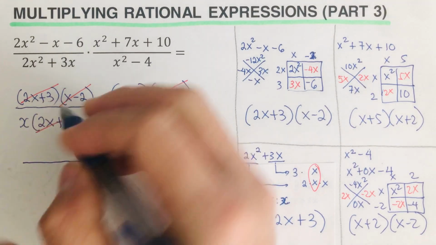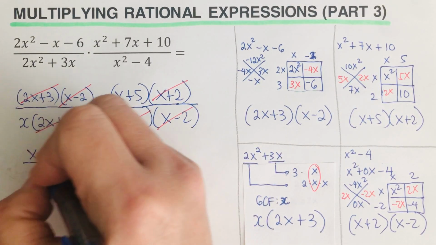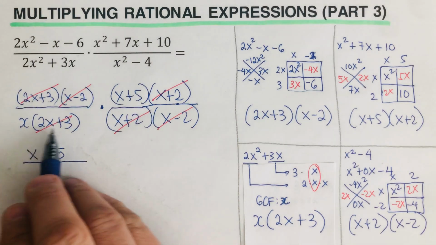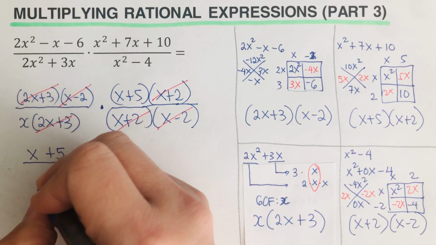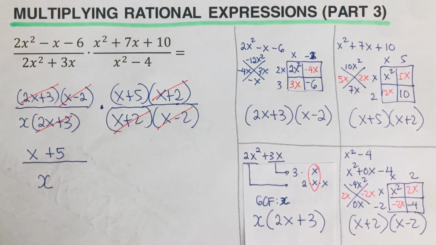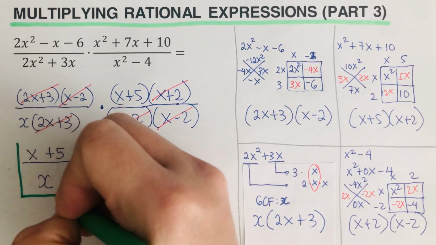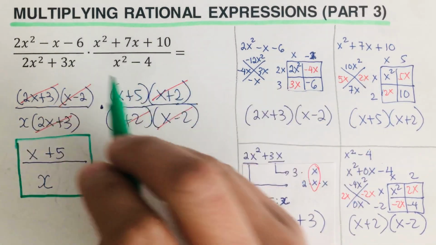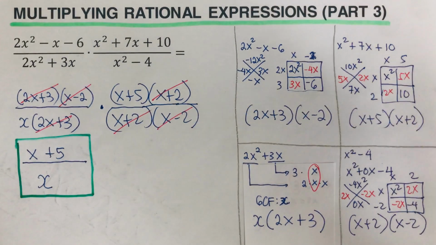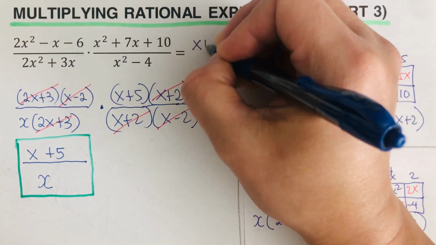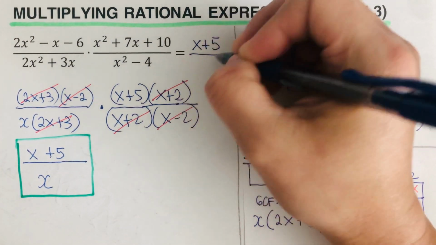The leftover on the top is x plus 5, and the leftover at the bottom, since everything was crossed out, is x. So we can say that this is the product of these two rational expressions up there. So I'm just going to go ahead and write that up here. So that is x plus 5 over x.